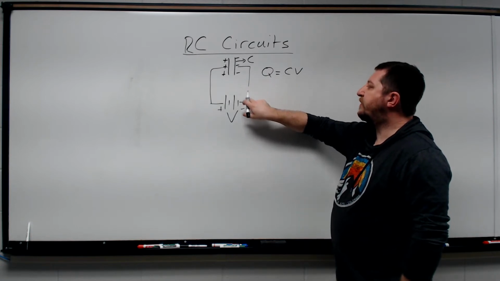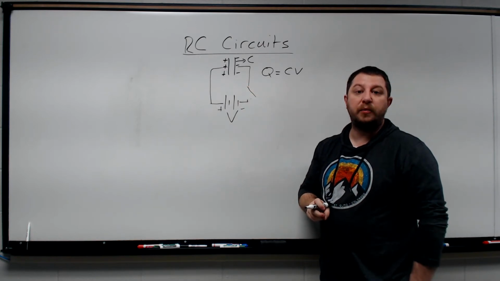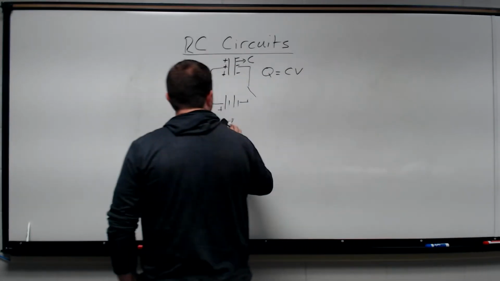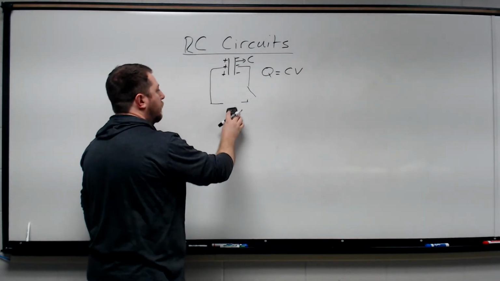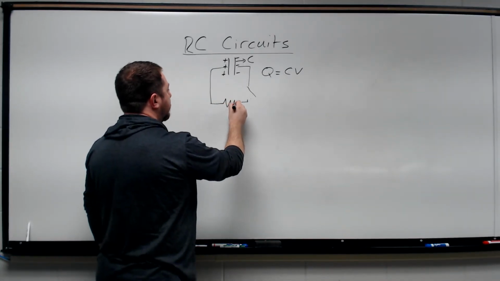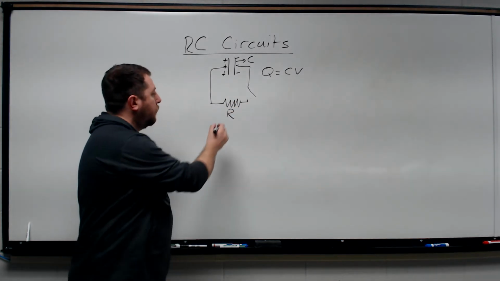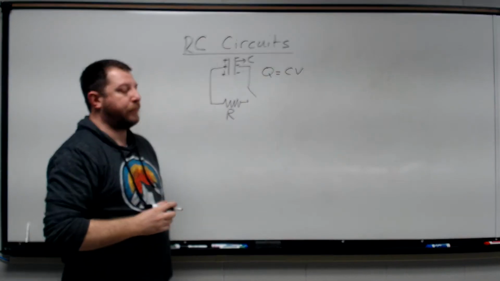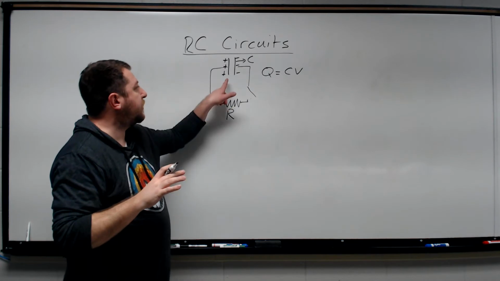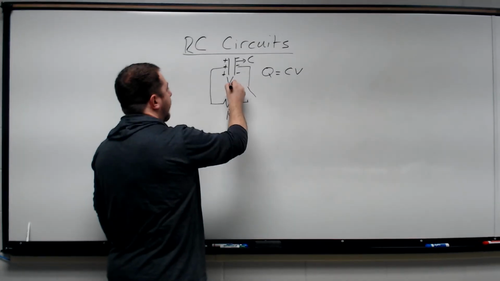Now, if I open up that switch, what happens when I remove the battery and replace it with a resistor? Okay, so what's going to happen? Well, the voltage across the battery I'm going to label V naught.